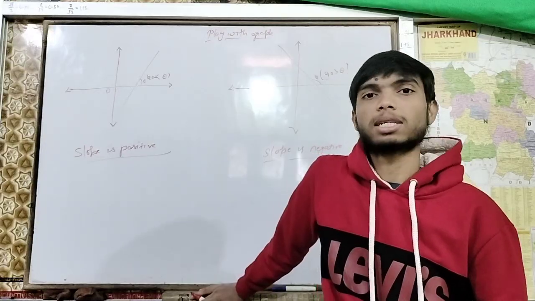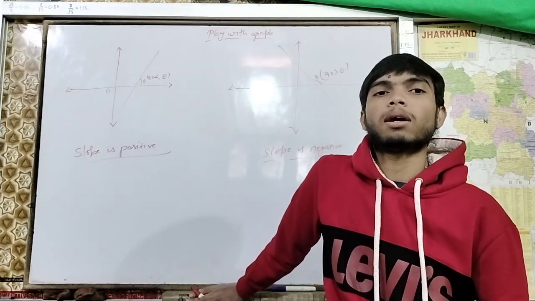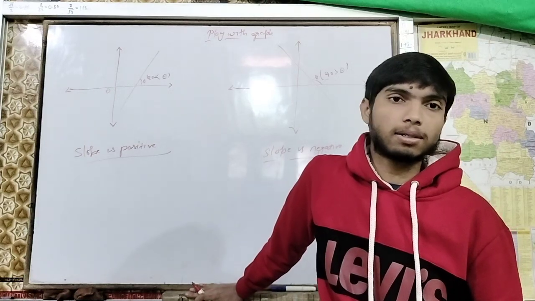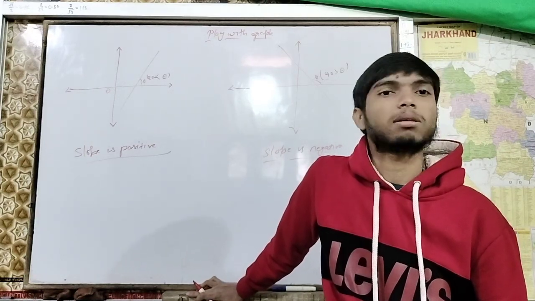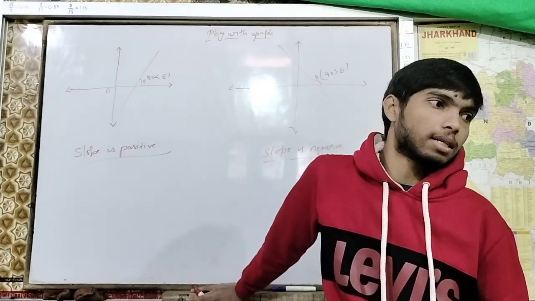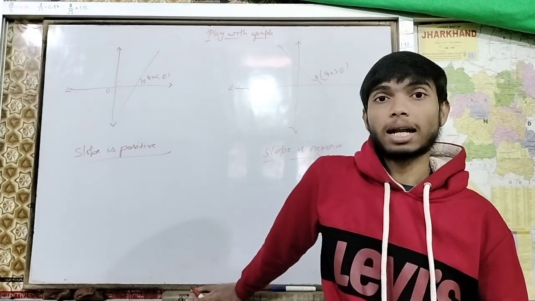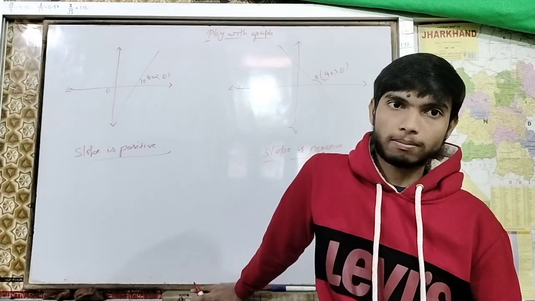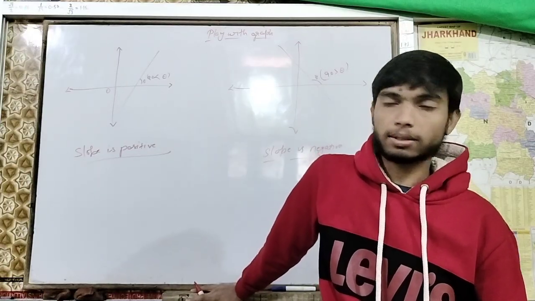In a simple sentence we can say, if the angle is less than 90, our slope is positive. If the angle is greater than 90, then our slope is negative. That's it.